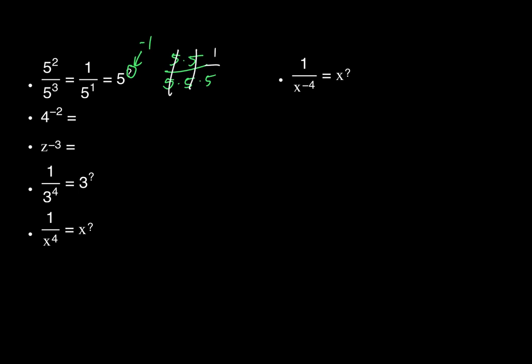And if you go with the idea that we did a couple slides ago, 2 minus 3 is negative 1. So when we're doing same bases and dividing, when we subtract, it's subtracting exponents, it's numerator minus denominator. So 2 minus 3 means I'll have, and this is kind of messy here, but this will be 5 to the negative 1. 5 to the negative 1 is the same as 1 over 5.